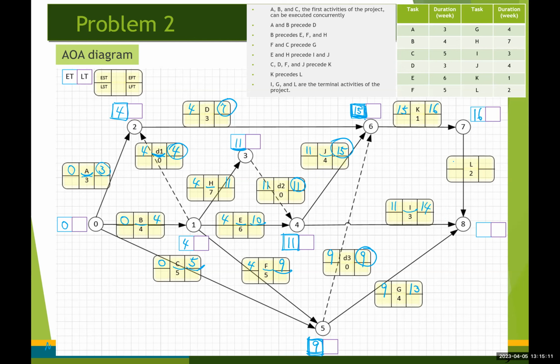And 16 plus 2, 18, right? Is that right? Okay. Now we are ready to determine the earliest time for event number 8. So again, we are going to go with the largest value between 18, 14, 13. So it's going to be 18. Is that right?